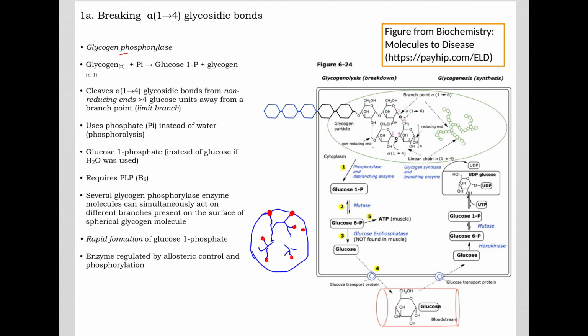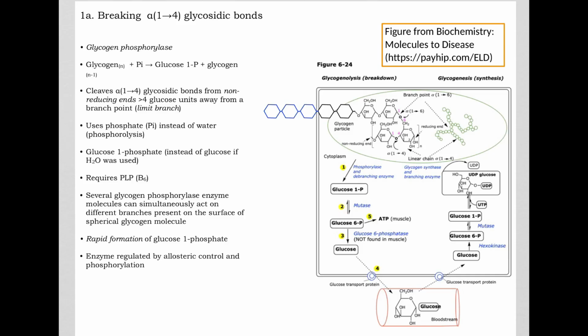So we have many enzymes working simultaneously on the glycogen, breaking down the non-reducing terminals and giving several glucose 1-phosphate at the same time. So there is a rapid formation of glucose 1-phosphate.